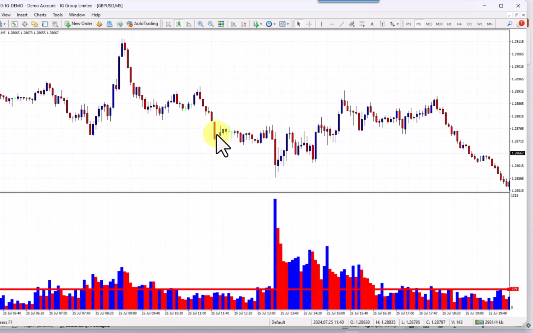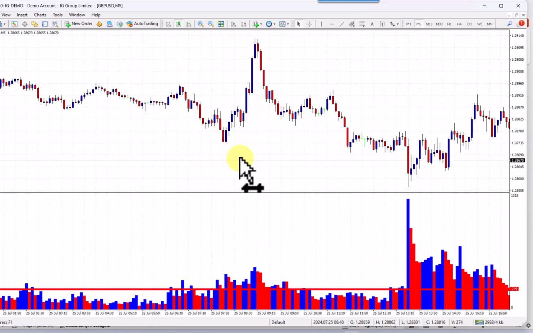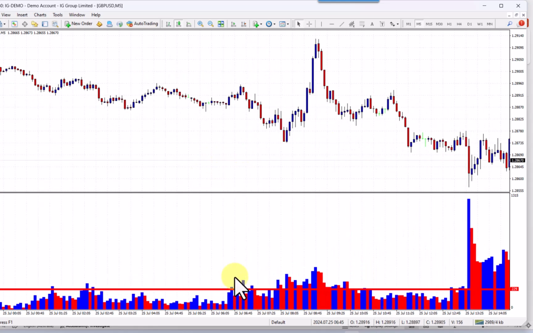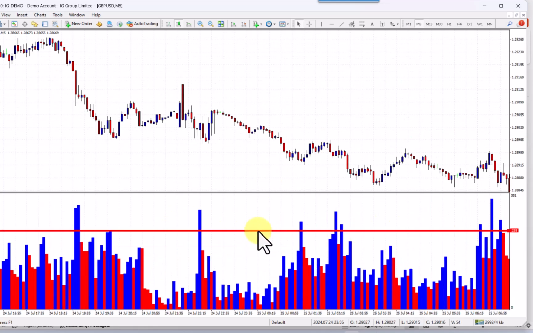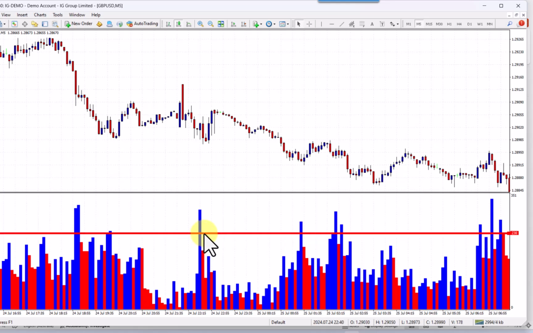Okay, so here we had a downward trend, got a nice spike. Oh, quite a big spike down there, and there's the upward movement. Here we've got upward trend, downward trend. Oops, I've moved the chart here, but you can see every spike reverses the movement.